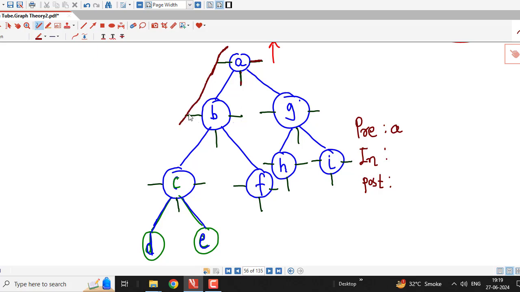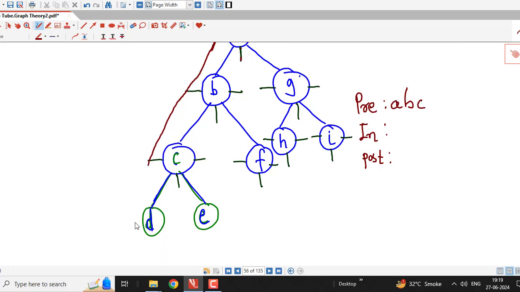So we write A in pre-order, similarly B in pre-order, then C in pre-order. D is also in pre-order, and we traverse in this direction. So this is in order and this is for post order.